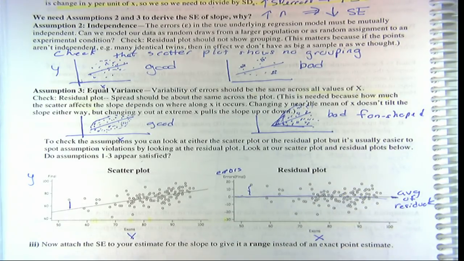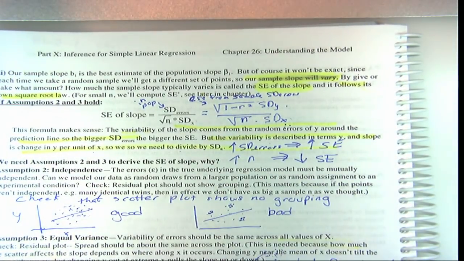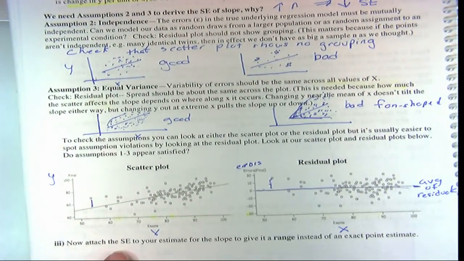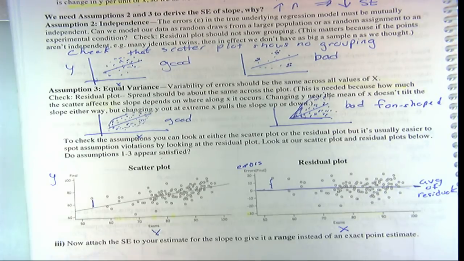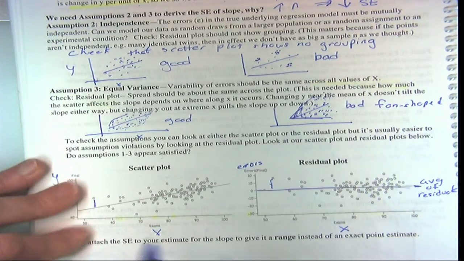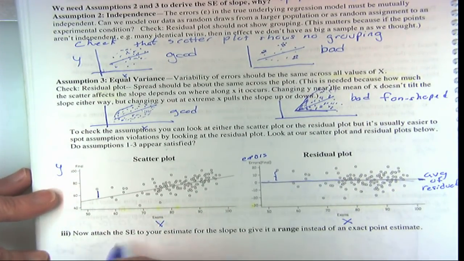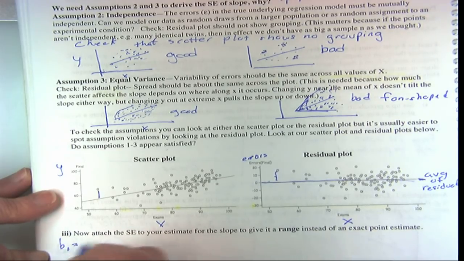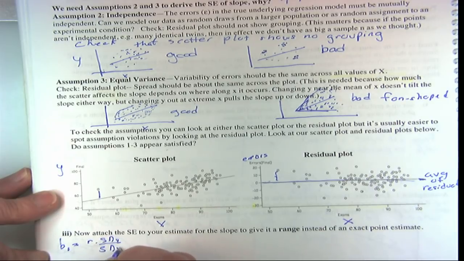All right. Now, okay, so now what are we going to do? Finally, let's just use this formula right here and attach a standard error to your estimate. Okay, so let's do that. We said already that our estimate for B1 was R times SDY over SDX.